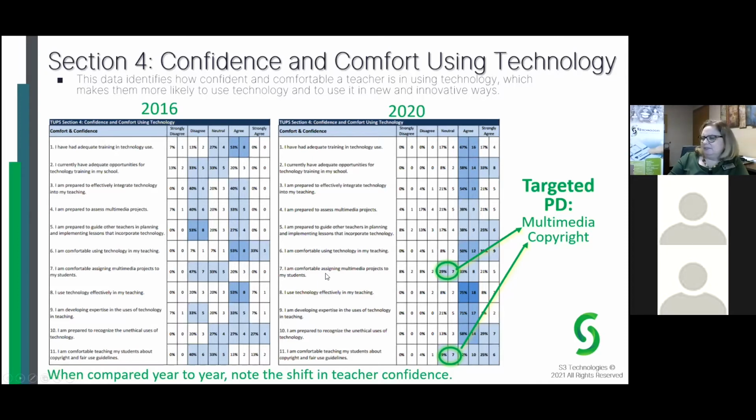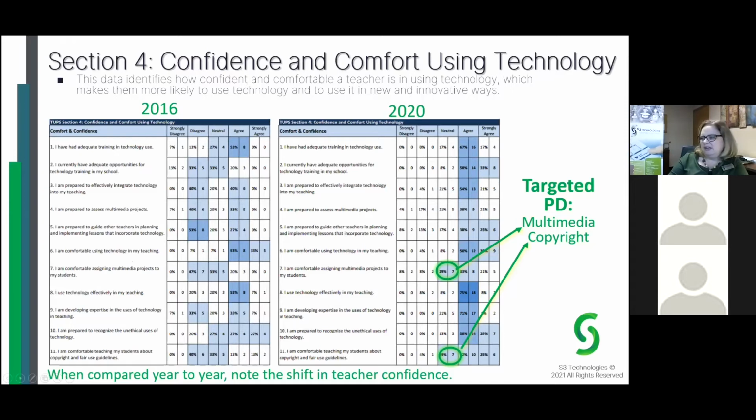For instance, I'm comfortable assigning multimedia projects, and I'm comfortable with copyright. You can see that those numbers moved up to more of the neutral or agree area and less of the disagree area, because we had targeted professional development that year. So that was a nice way to say, okay, they got something out of it.